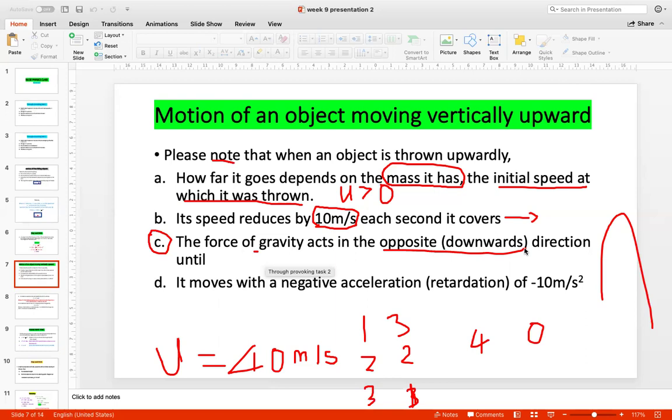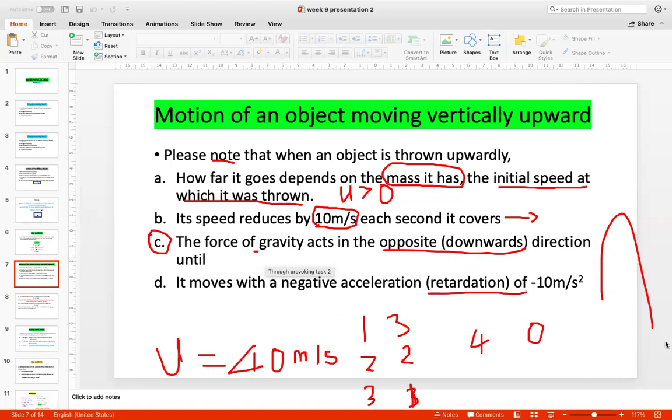So because the velocity is changing, is reducing, we are saying that that is negative acceleration, which is also called deceleration, or retardation. For example, when you are approaching the roundabout, the traffic light, or maybe there's an obstruction on the road, you step on the brake pedal, the speed reduces until it becomes zero, then the vehicle comes to rest.